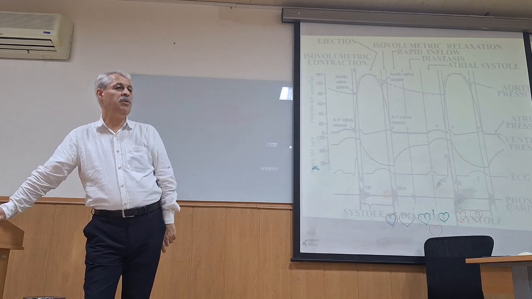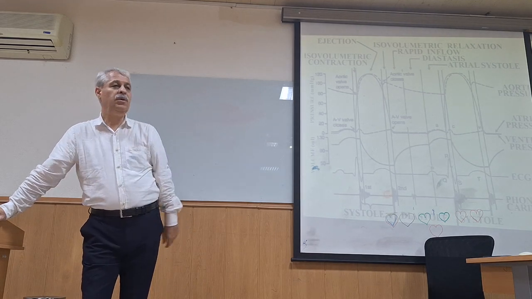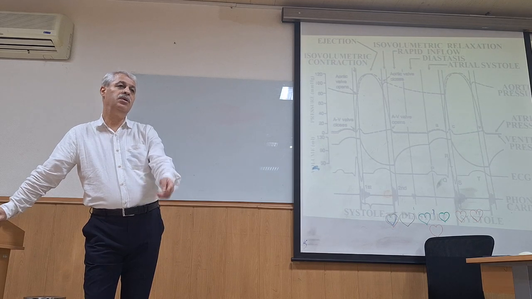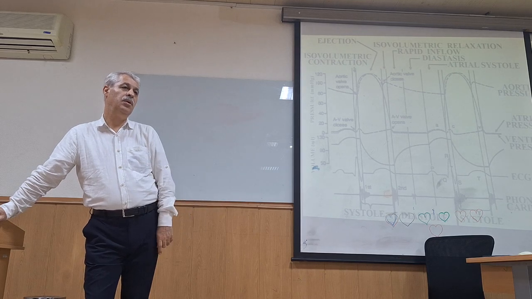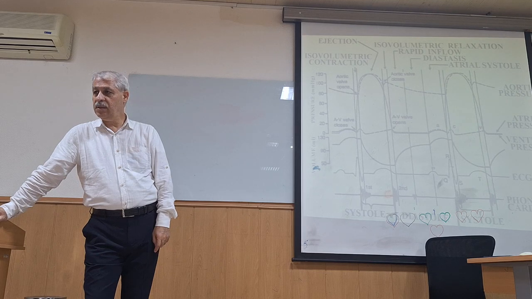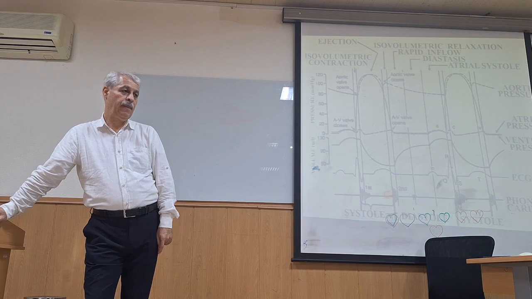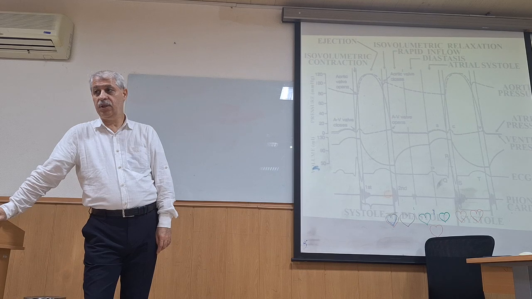In cardiac muscle physiology, afterload is intra-aortic pressure, or blood pressure, or systolic blood pressure, or peripheral vascular resistance. So preload equals the tension before contraction.